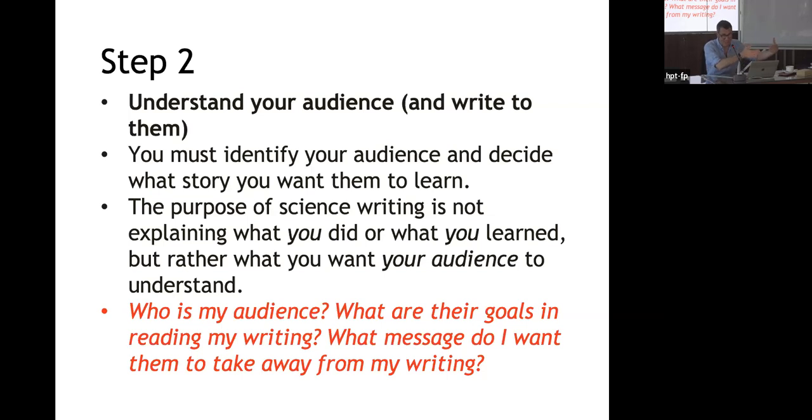So perhaps it is exactly the same data. I have a set of data, but depending on my target audience, I have to think about different things. So this is also important from the beginning, that you know to whom you want to give your message.